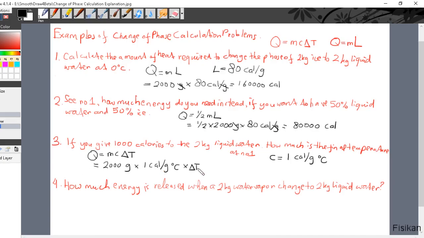By knowing the delta T, you can know the final temperature from 0 Celsius degree as the initial temperature. Here you write 1000 calories.